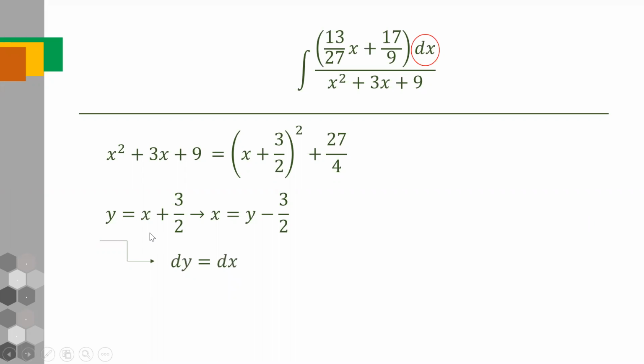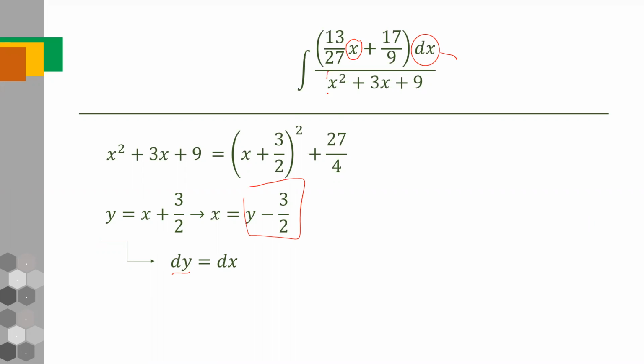We differentiate both sides of this equation. So your dy is just equal to dx. This means your dx here will be replaced with dy, and our x here will be replaced with y minus 3 halves.